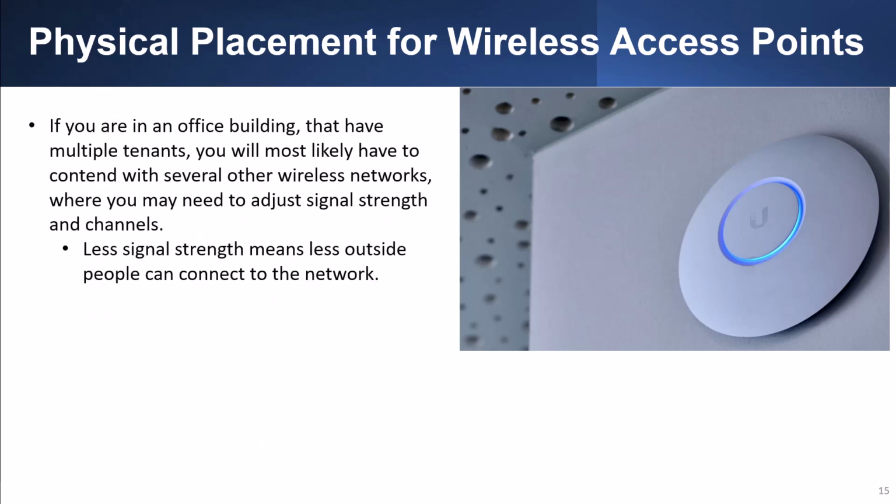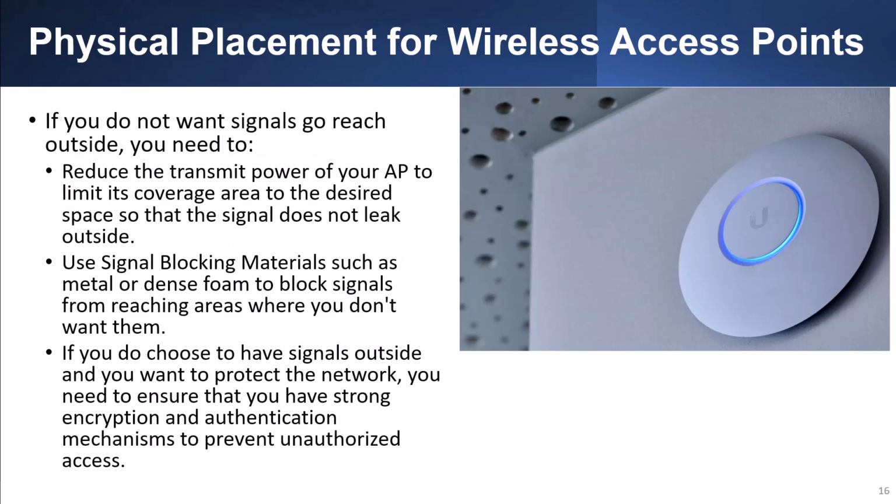If you're in an office building that has multiple tenants, you'll most likely have to contend with several other wireless networks where you may need to adjust signal strength and channels. Less signal strength means fewer outside people can connect to the network. If you do not want signals to reach outside, you need to reduce the transmit power of the AP to limit its coverage area to the desired space so that the signal does not leak outside.